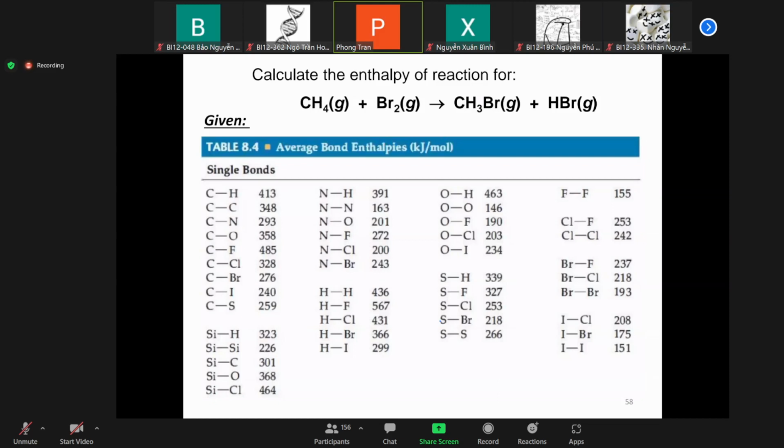Anyone got the result? I got negative 36 kilojoules per mole. Negative 36, okay.